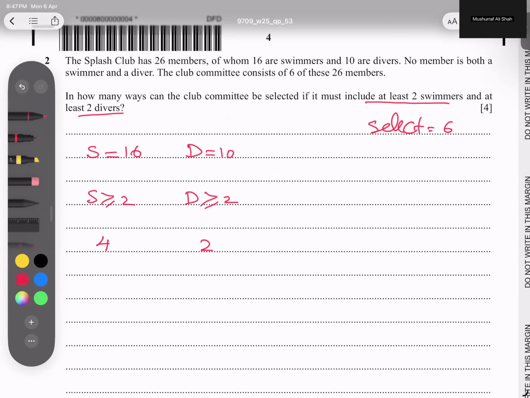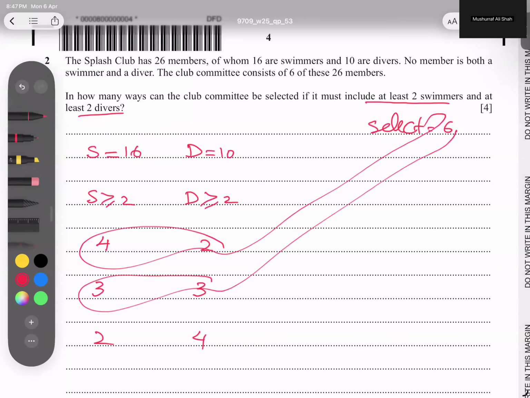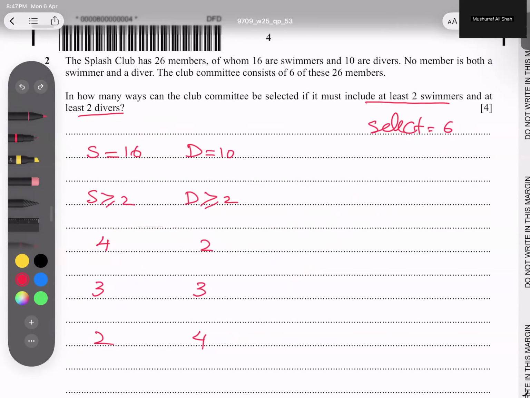So let's start now. I think the planning is clear. 4 and 2, second option 3 and 3, or 2 and 4. Every time we add, we must get 6. Now students, I'm starting how to answer. The total is 16C4 and 10C2. Similarly, 16C3 and 10C3.